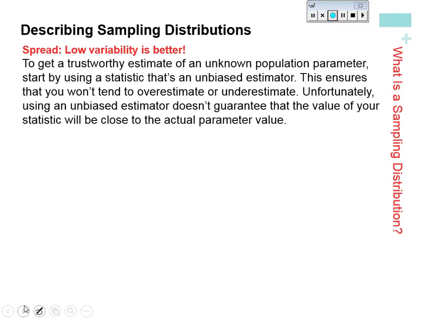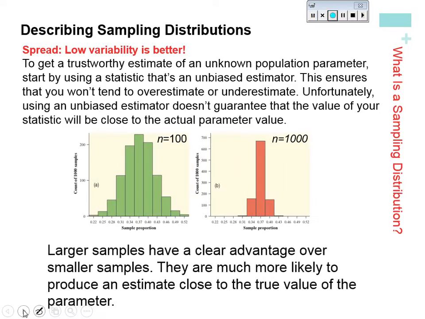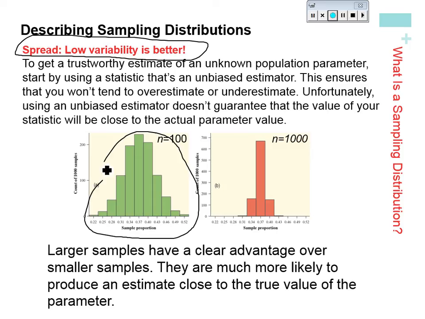In terms of some other things we're going to describe, and we talked about this in class, when we're talking about sampling distributions we want to have low variability, because low variability yields more consistent results. I have two different graphs here, one with a sample size of 100 and this one with a sample size of 1,000. What you notice is that this graph has less variability than this one.